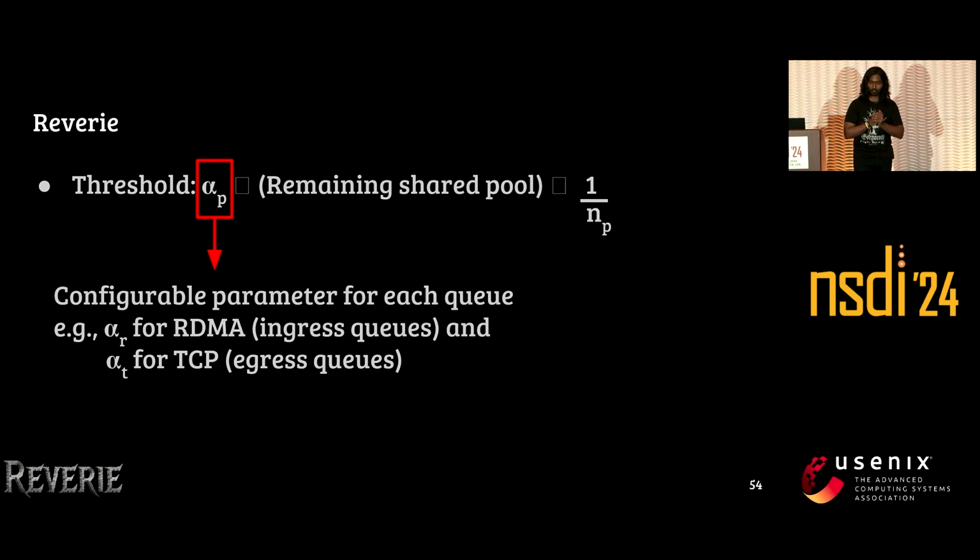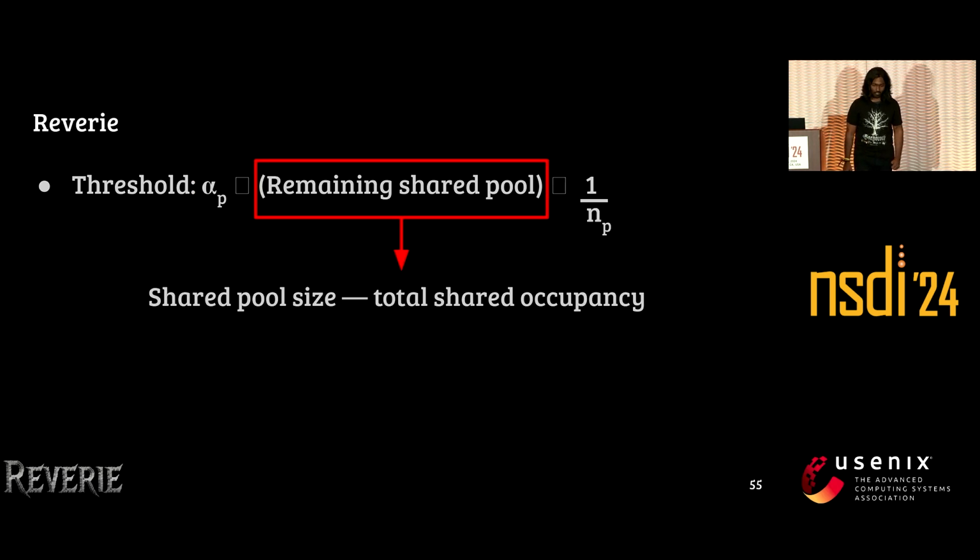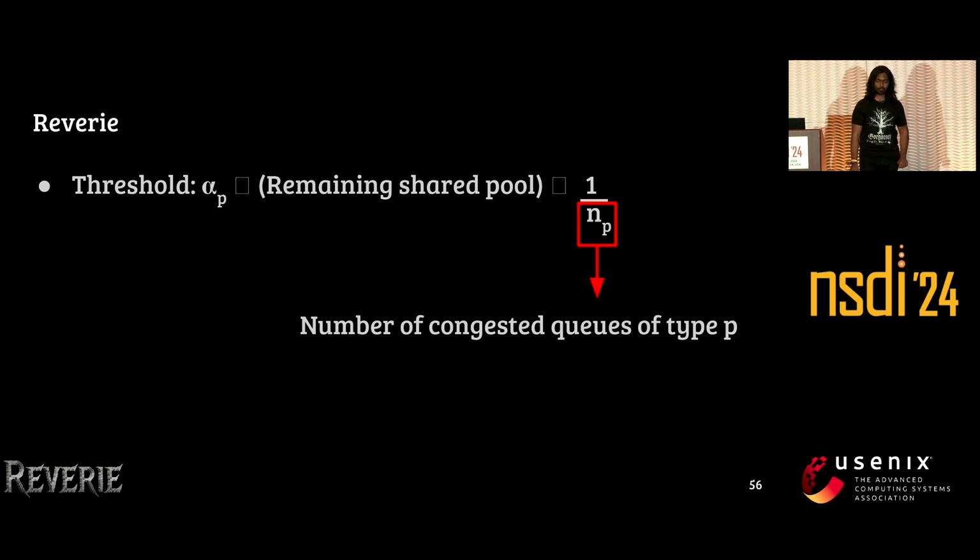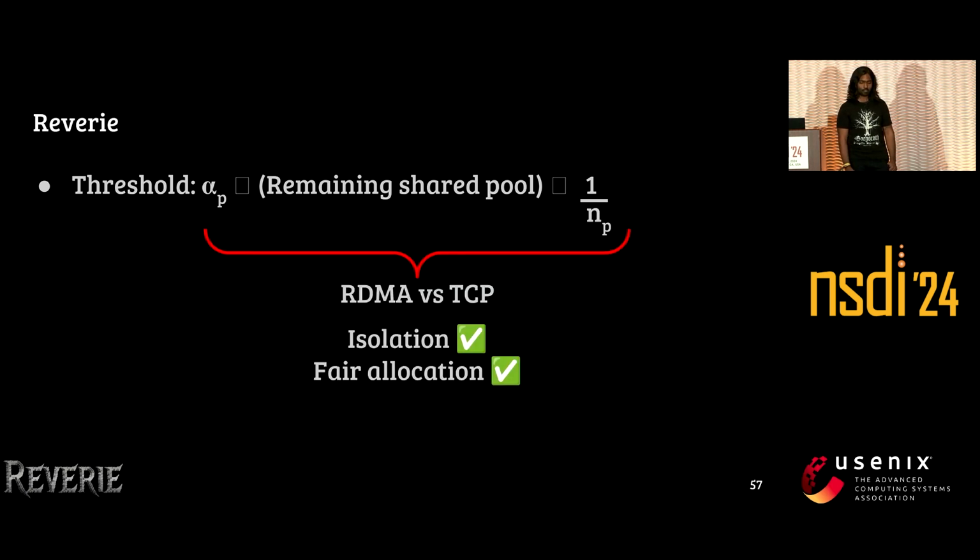For instance, you can configure one alpha value for RDMA and one alpha value for TCP, which gets multiplied by the remaining pool size. In this case, we only have one pool, and the reciprocal of the number of congested queues for each type of traffic. Essentially, this gives us both the desired properties of isolation and fair allocation across different traffic types. We give formal proofs in the paper. Please have a look at it.